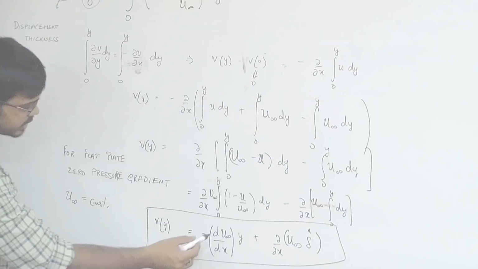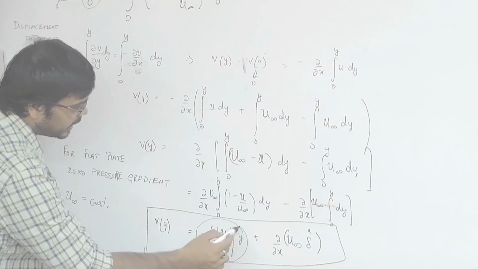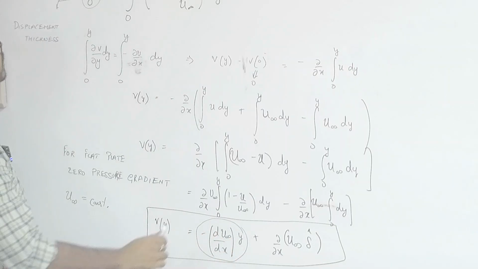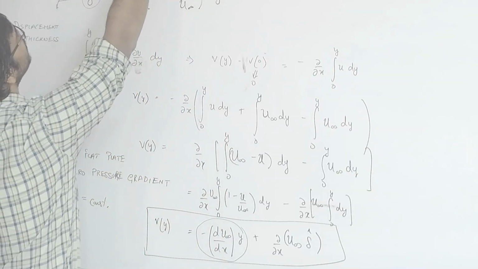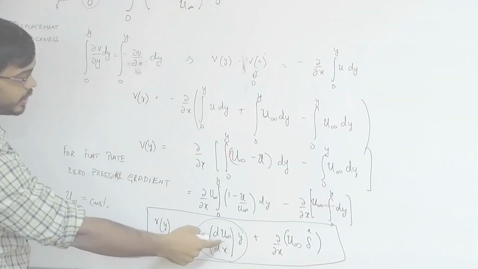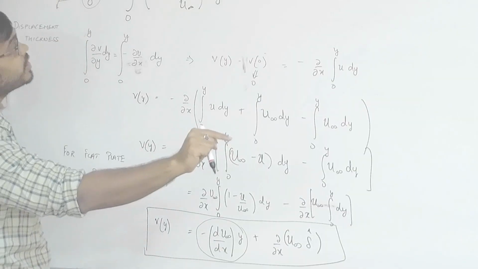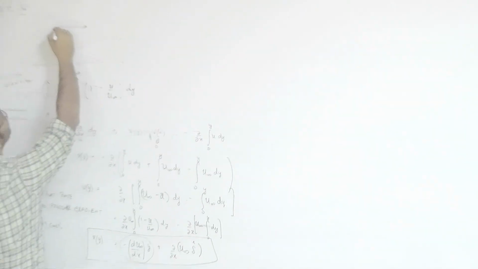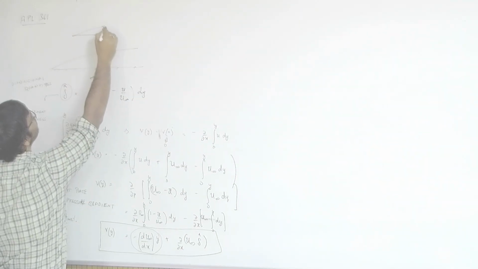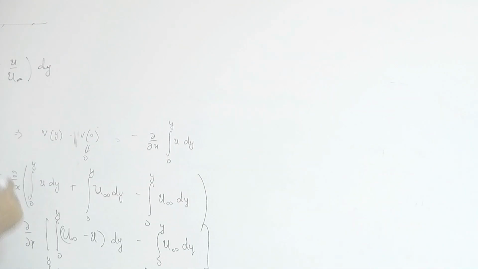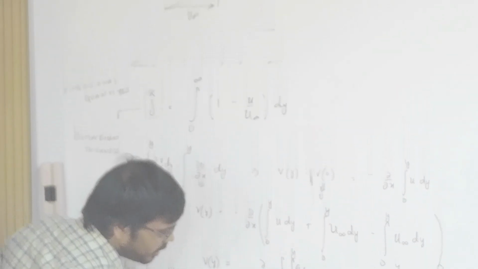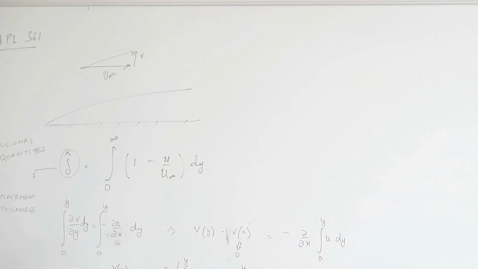If you look at this term, minus du infinity by dx times y, what it is trying to tell you is that if there is a gradient of u infinity in x direction, if u infinity is changing in x direction, then you will have some y direction velocity, and that is mandated by your continuity equation.